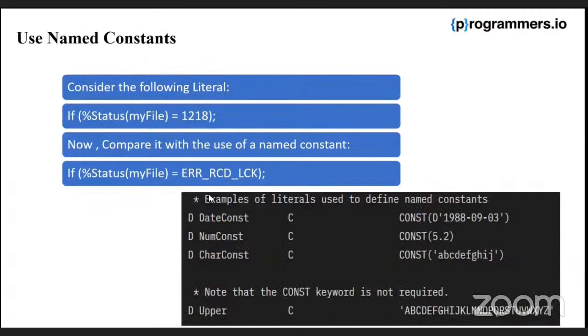Using named constants: consider the following literal. I have given an example for that. If the status of my file, the record format name, is 1218, then instead of using that, I write this error record log. This looks good and is quite understandable for me.